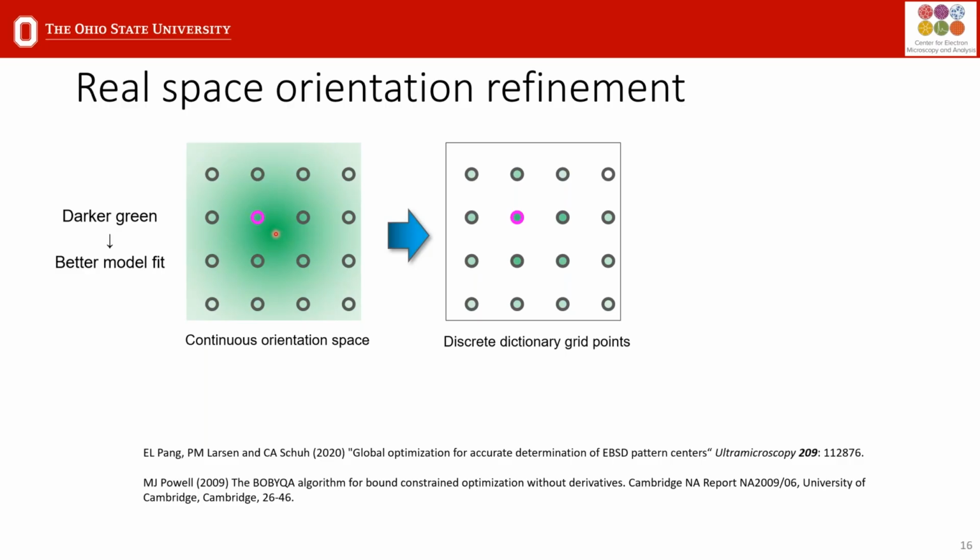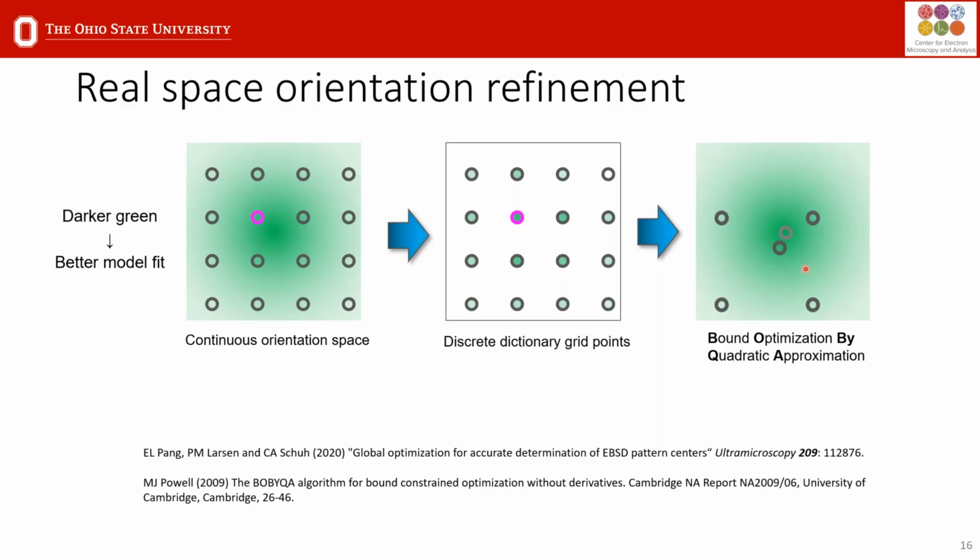So with dictionary indexing, there's usually a second step where we refine these orientations using an algorithm to iteratively refine the orientation. So using that initial indexing orientation as a starting point, it can then iteratively refine to find the true orientation. And that's called real space orientation refinement.